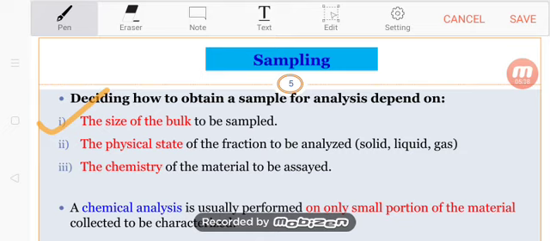There are a lot of people, so the size of the bulk is the Malaysian citizens as a whole. Is it clear? The second is the physical state of the sample, either solid, liquid or gas. And the last one is the chemistry of the material to be assayed, such as the reactivity of the sample towards light, humidity and the environment.